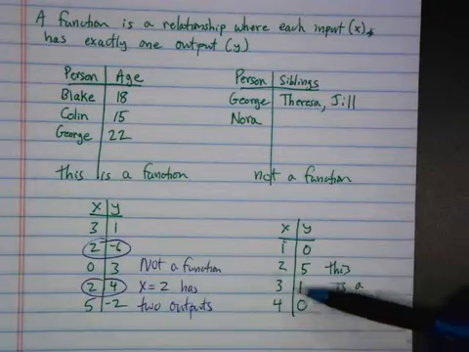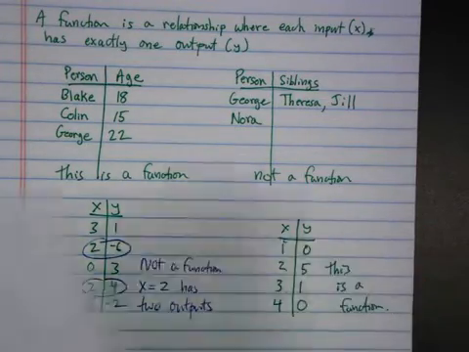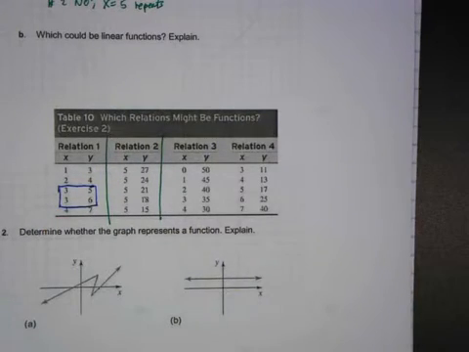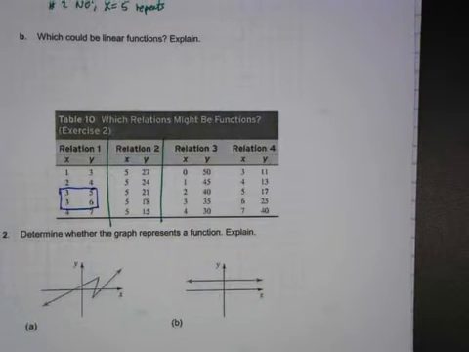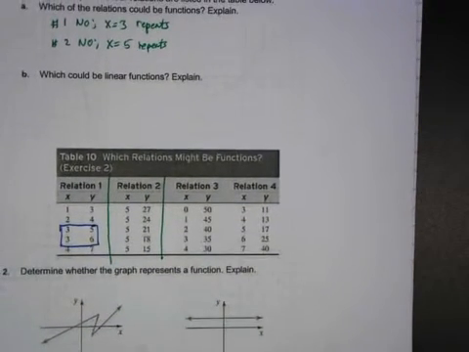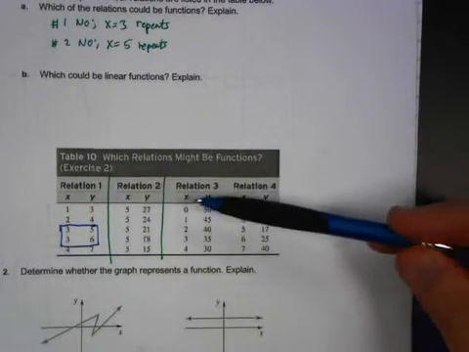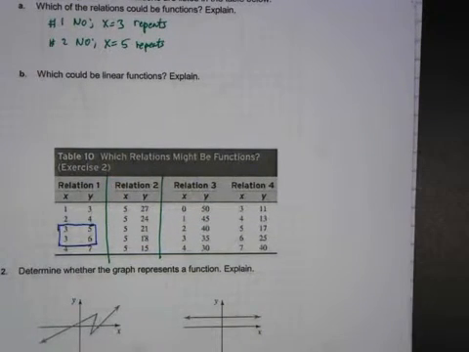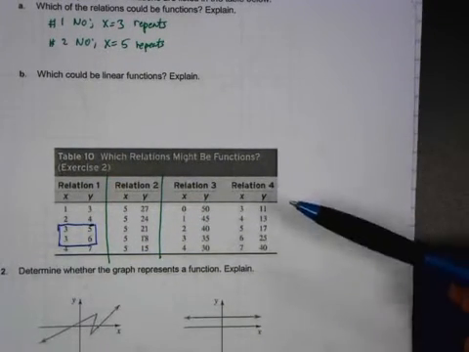Oh, okay. So to be a function, your X's cannot repeat. So on number 1, X equals 3 repeats, so that's no good. Not a function. Number 2, X equals 5 repeats. It repeats a lot, doesn't it? So that one's no good. Number 3, I think, is okay. Relation number 3 is okay because the X's are 0, 1, 2, 3, 4. No X number repeats at all. And number 4 is also okay.